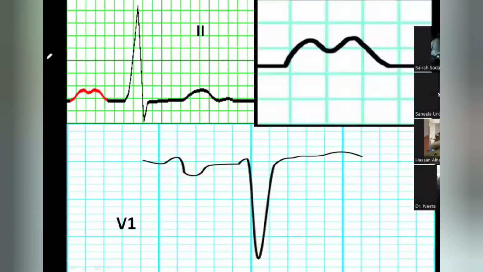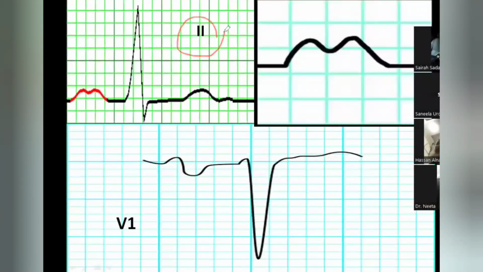The important thing I want to tell you here is that when you have to look at the P wave, you look at it in lead 2, and then you confirm the abnormality in lead V1. I will repeat again. When you're looking for P wave pathology, first look in lead 2.